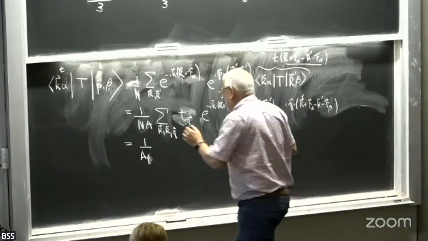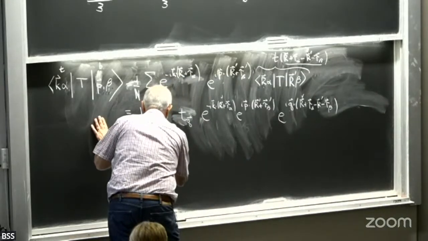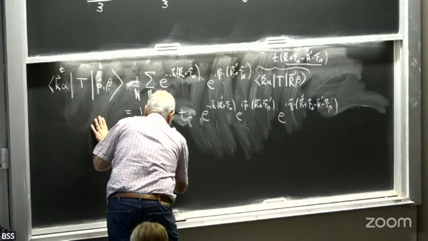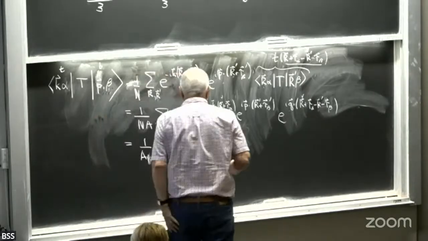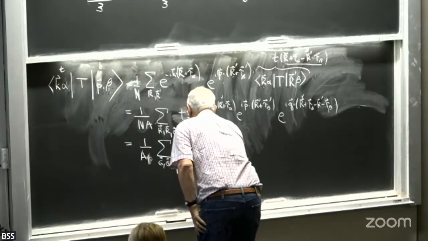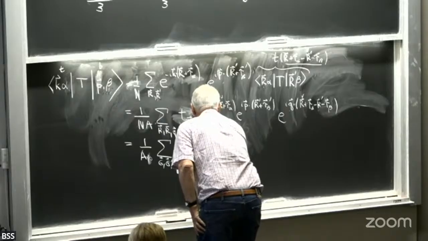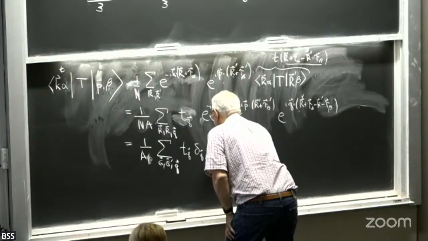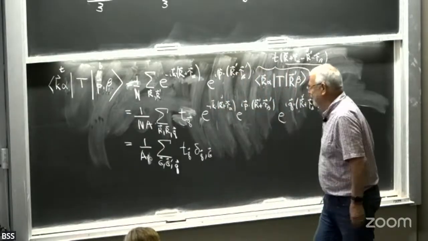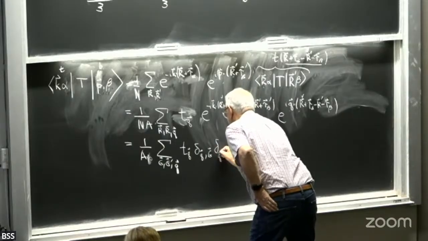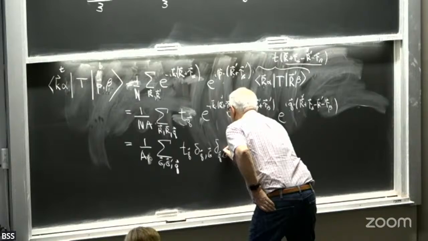And I can write everything as a sum over G, G prime, and Q, t_Q, and then I have delta Q is equal to G, a reciprocal lattice vector of the top layer, and delta Q is also equal to G prime.